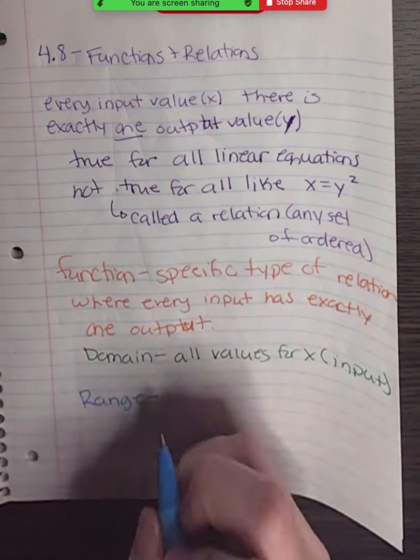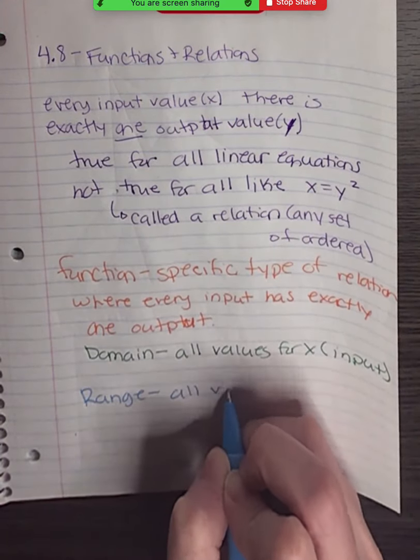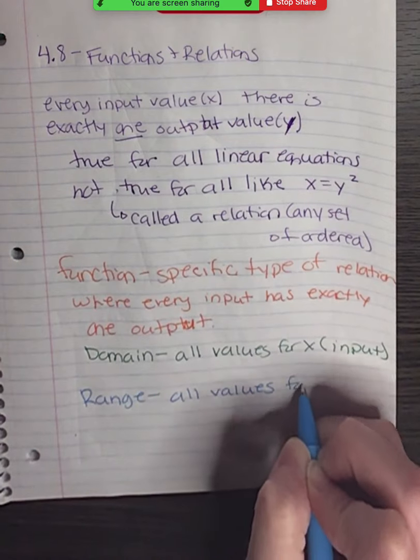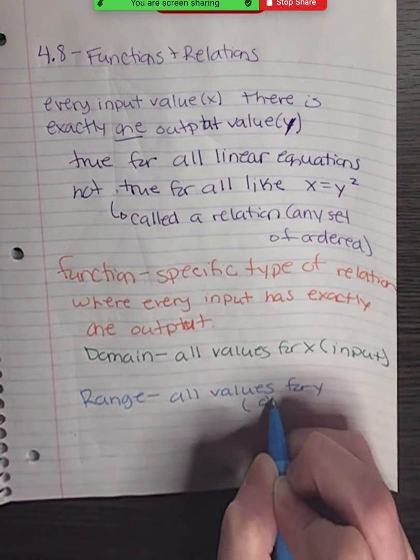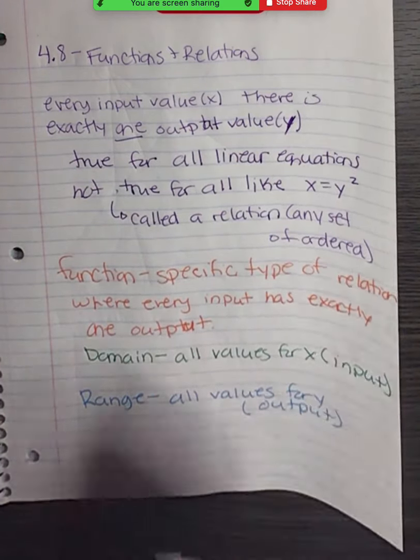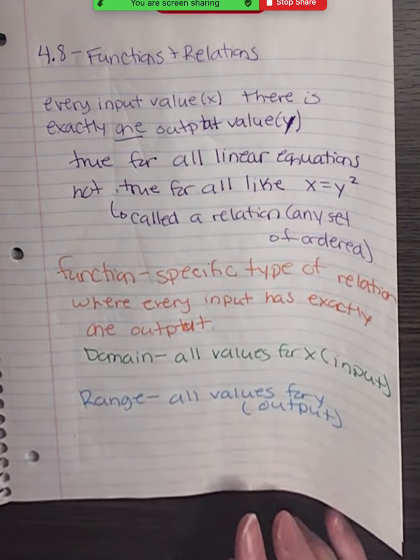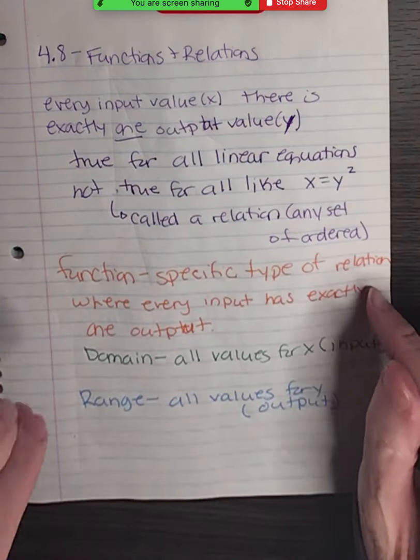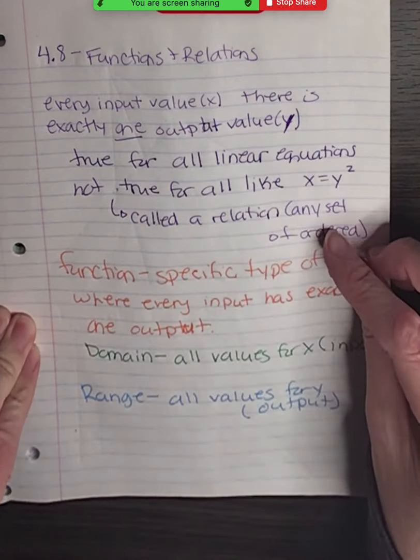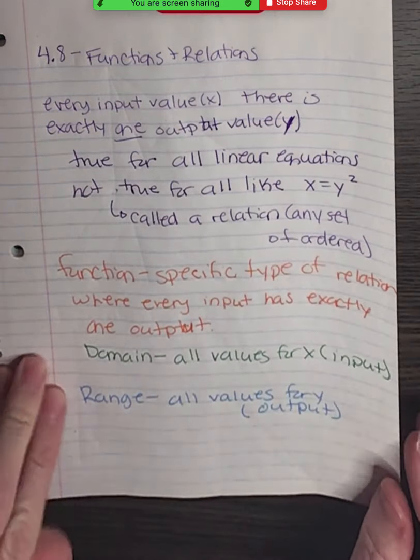The range is the set of all values for y, or all output values. So for functions, each x goes to exactly one y. All of those x's are your domain, and all of the y's are your range.